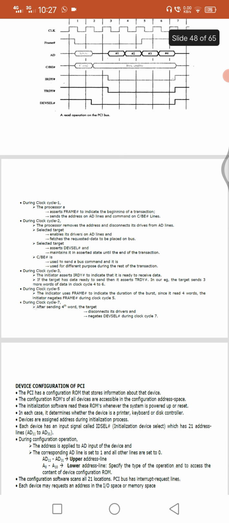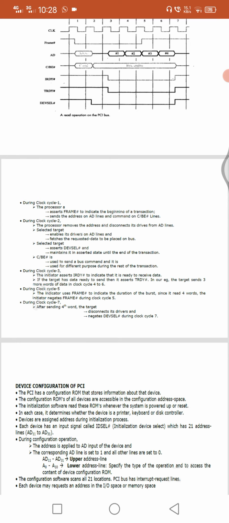During clock cycle 1, the processor asserts FRAME to indicate the beginning of the transaction. So at the first clock cycle we need to initiate the transaction with the help of FRAME. It sends the address on the AD lines, AD being address lines, and the command on the C/BE lines.